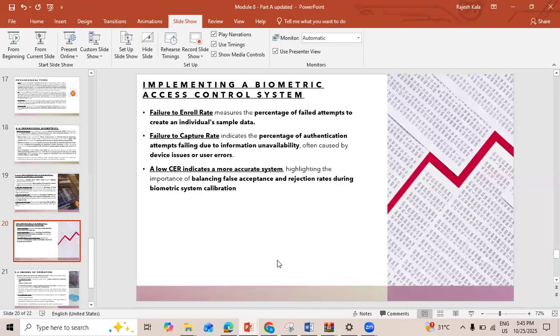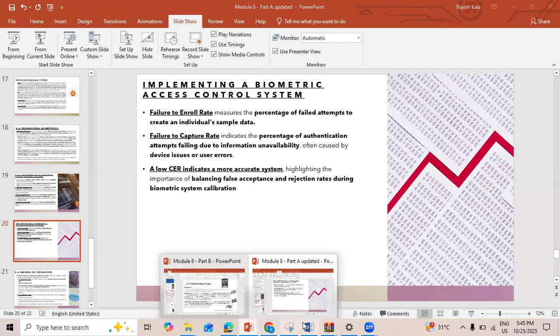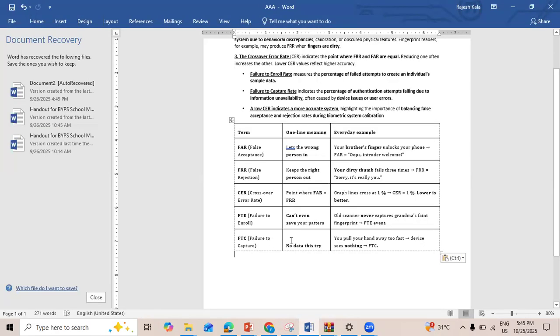Then failure to capture rate. It is the percentage of authentication attempts failing due to information unavailability, from a device issue or users. This is enrollment time; this is verification time. What's the example? No data this try, you pull your hand away too fast. When you are trying to verify, you are trying to give the data, you are taking the hand off immediately.